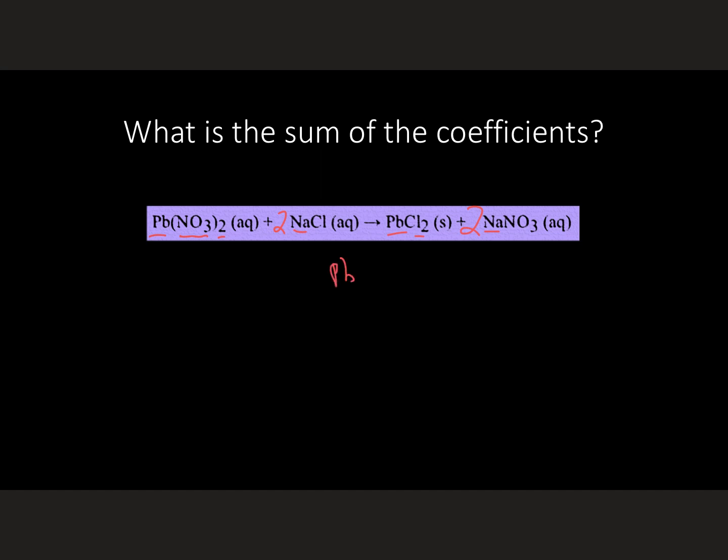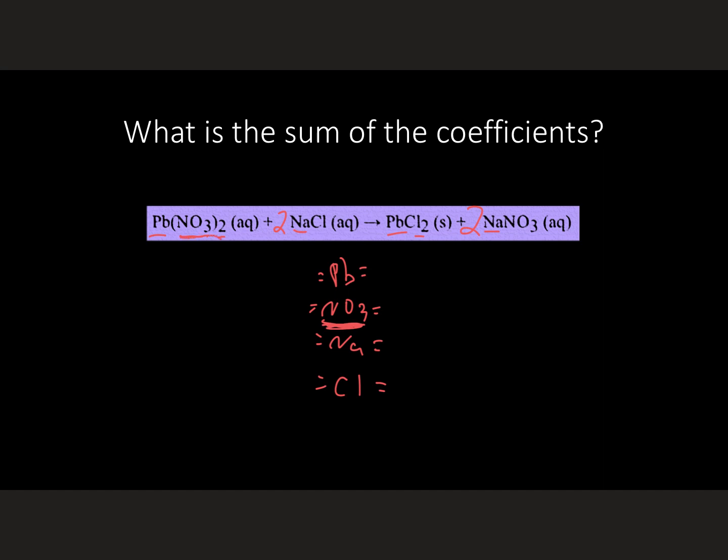So let's just write it out real quick. We've got lead, nitrates, sodium, and then chlorines. We'll have this on both sides. Don't split up the polyatomics specifically. Keep them together if you can. In some cases, they get split, which makes the balancing a little bit harder. But normally keep the polyatomics together.